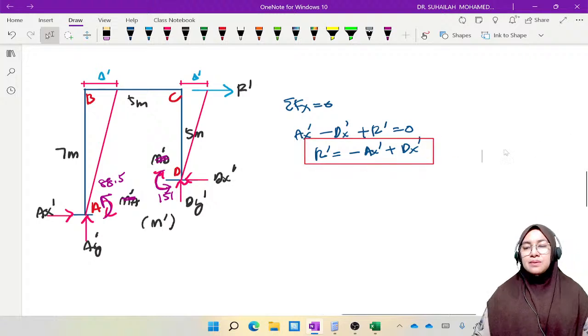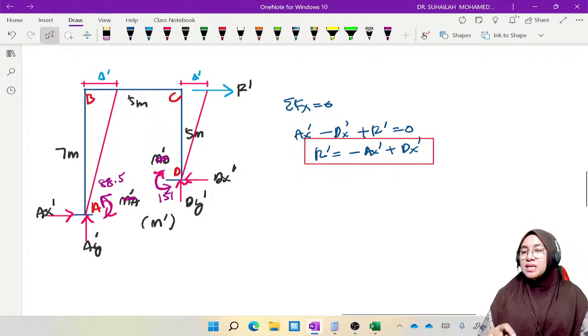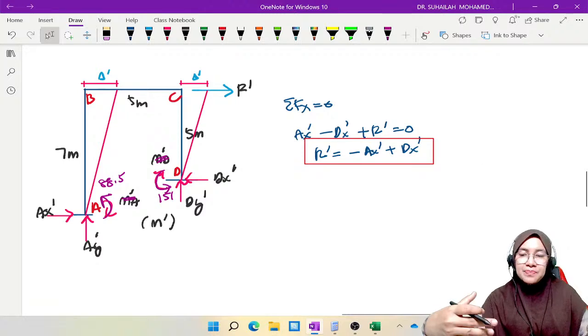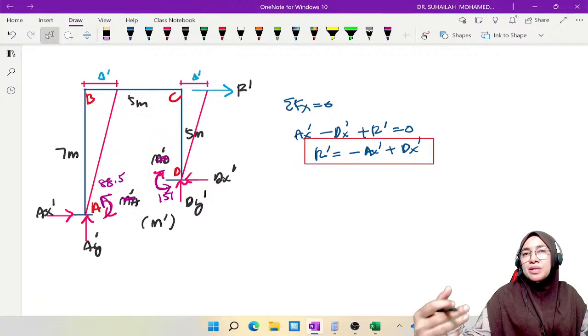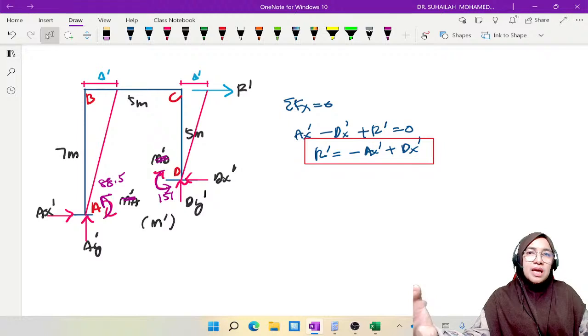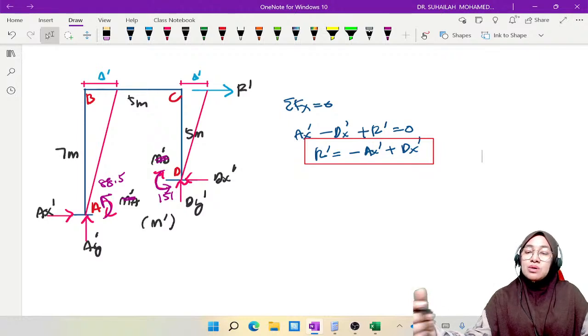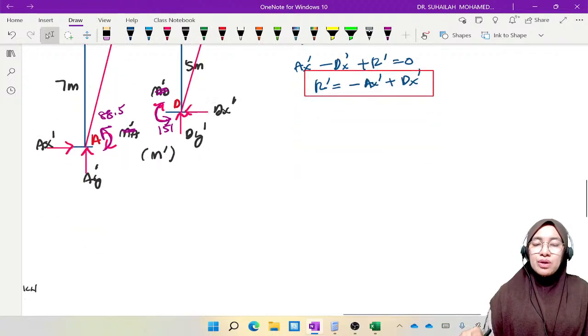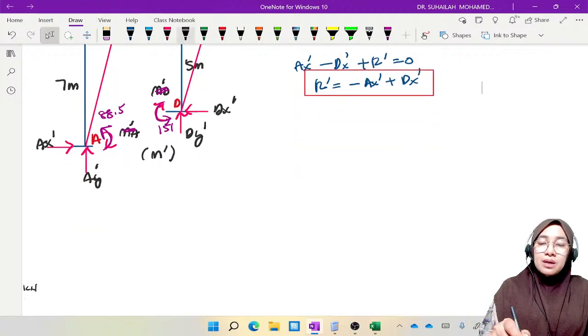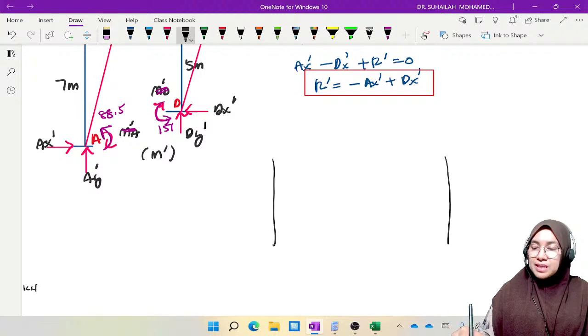So to calculate the R value, until this step we just need to repeat the process that I have shown in my previous video, because our focus now is Ax prime and Dx prime, and Ax prime, Dx prime we can get from column analysis when we consider column AB, column CD.